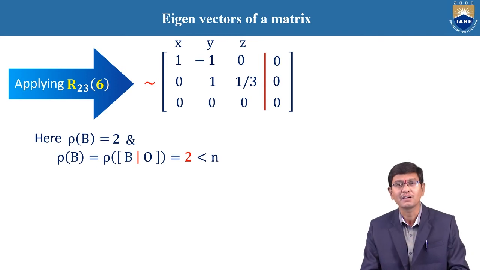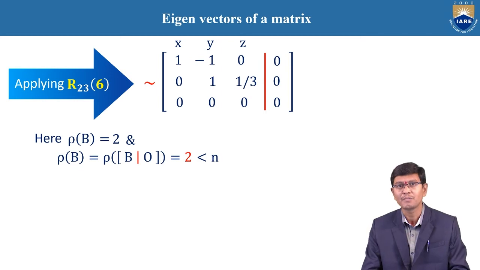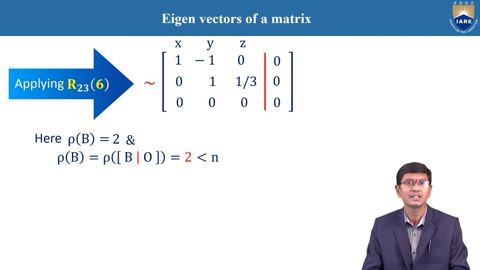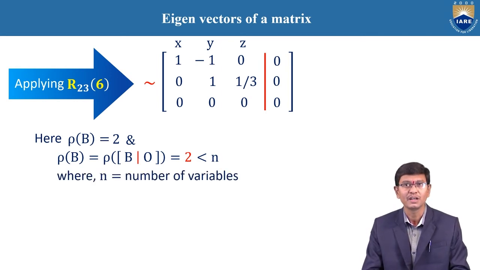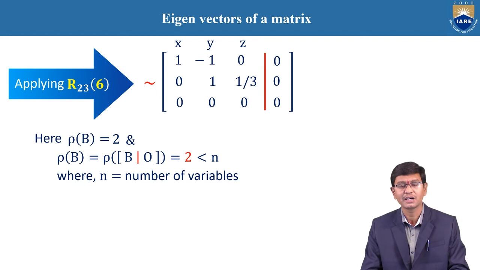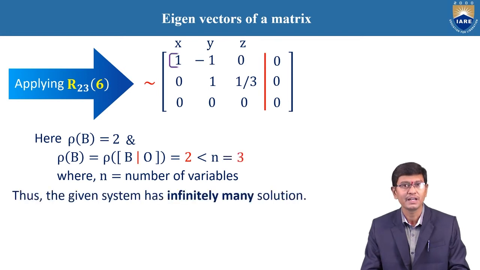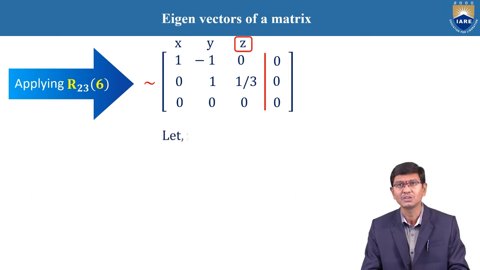According to the concept, rank of A equal to rank of the augmented matrix is less than n, the condition is said to be infinite solutions. Here n is the number of unknowns, 3, but the rank is 2. Based upon this condition, there are infinitely many solutions. Now we need to find out what the infinite solutions are.